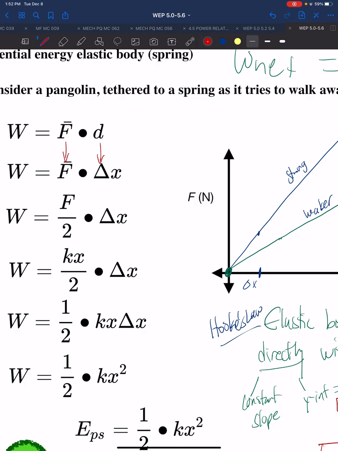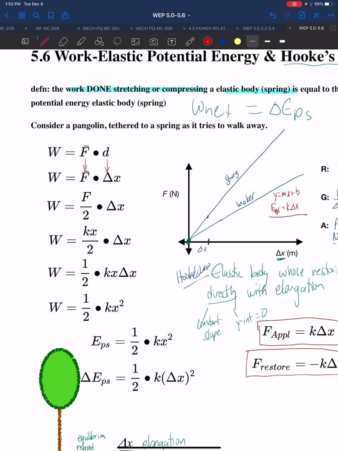Now what is that average force? If we were to consider a certain distance, let's say this delta x here, the force increases from 0 up to F. If we wanted to find the area under that curve, we could do the area of a triangle, or we could do the area of a rectangle.